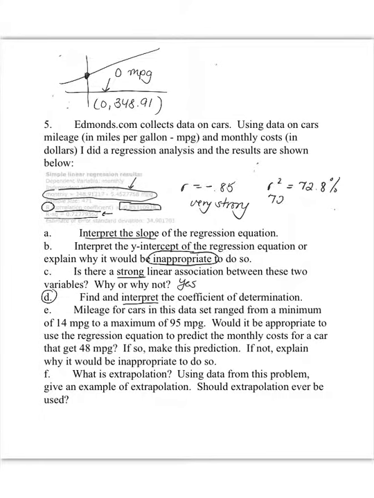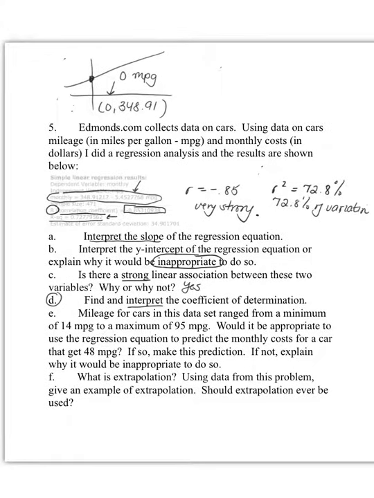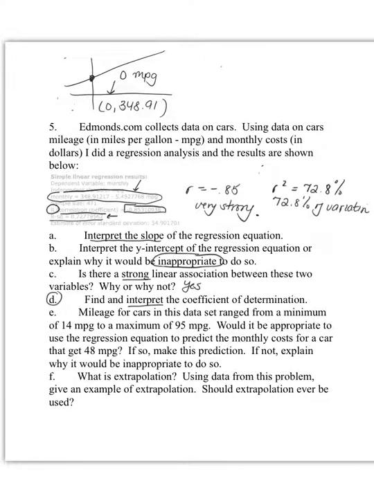So in other words, 72.8% of the variation in monthly costs can be explained by the mileage that a car gets.